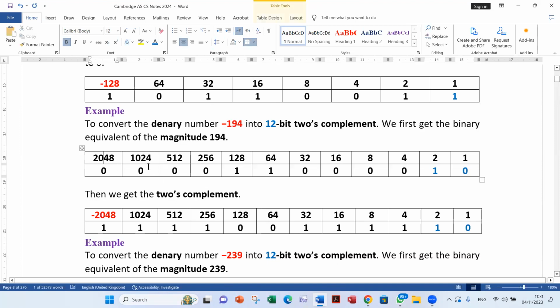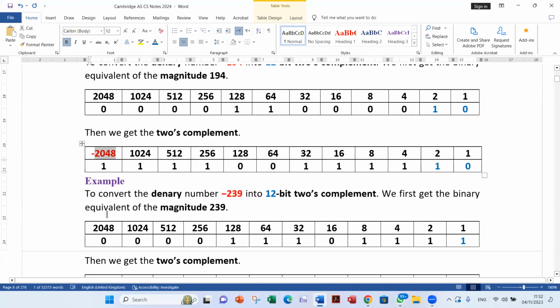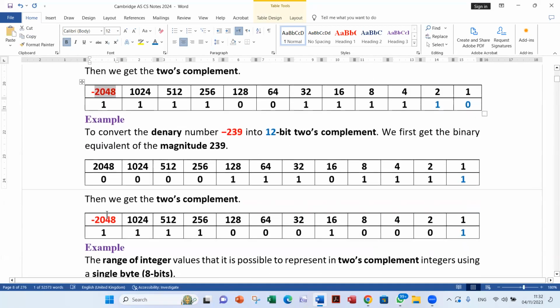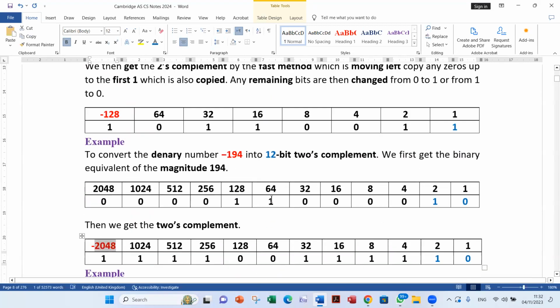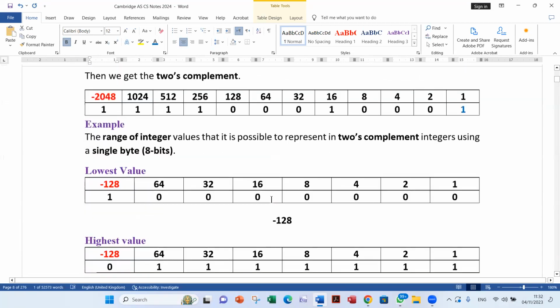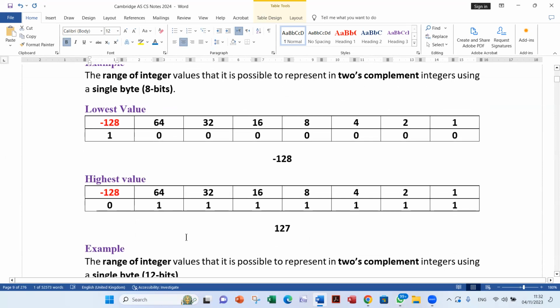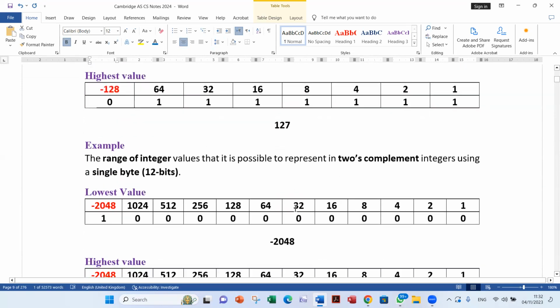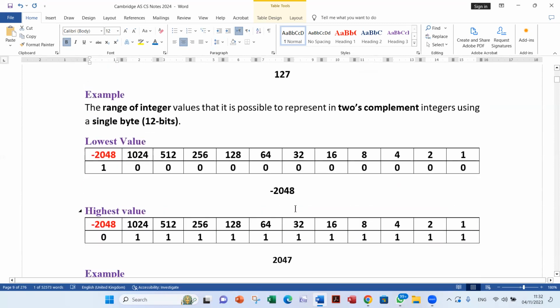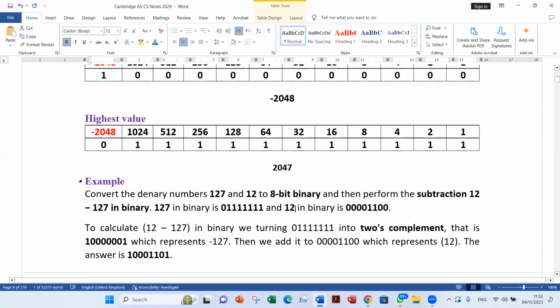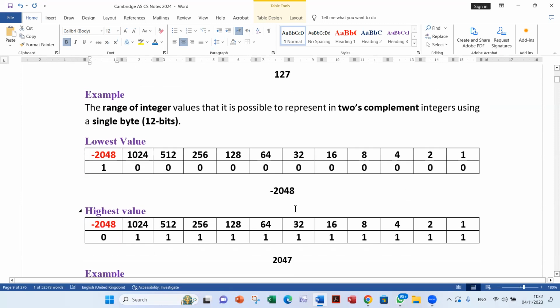So weights become up to 2048, and here negative 2048. And then next lesson, we discuss the range of integers, the smallest and the largest. We stop here and we do that subtraction thing next lesson, inshallah. I hope everything is clear for you.